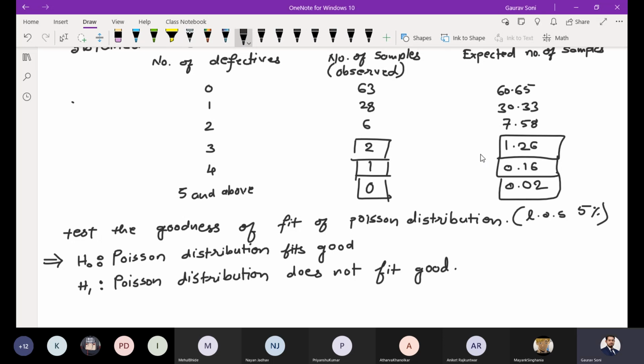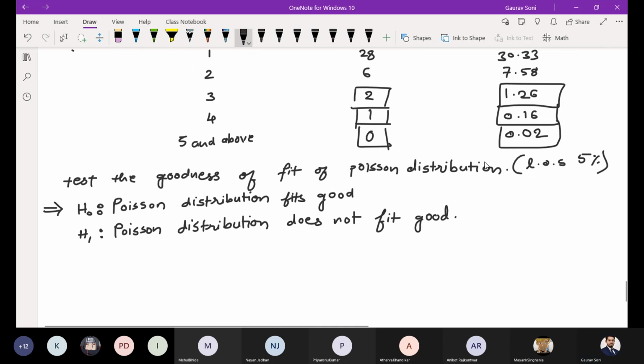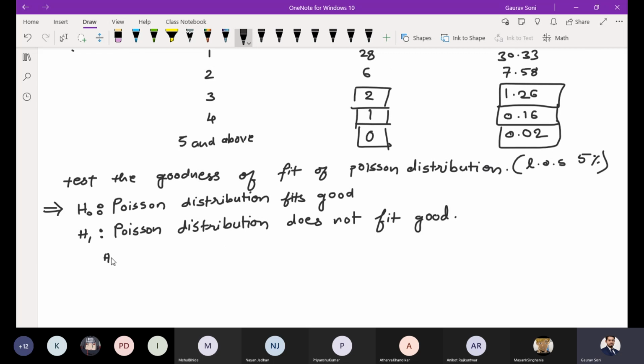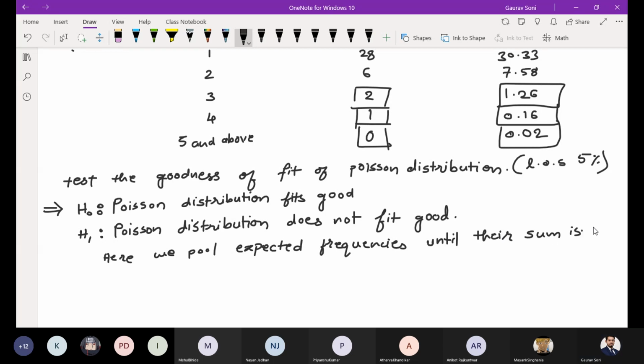So we pool expected frequencies until their sum is greater than or equal to 5, and also we pool observed frequencies.